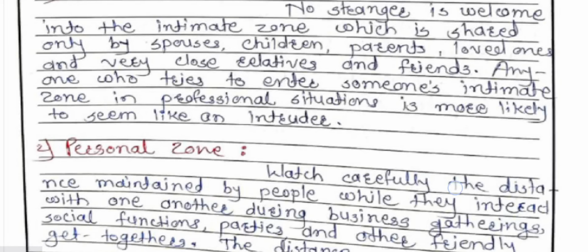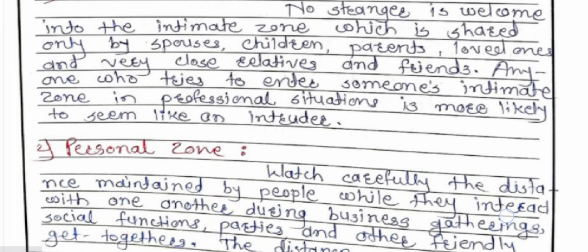First is the intimate zone. No strangers are welcome into the intimate zone, which is shared only with specific persons like children, parents, loved ones, friends, family, and very close relatives. Anyone who tries to enter someone's intimate zone in a professional situation is more likely to seem like an intruder. The next is the personal zone.